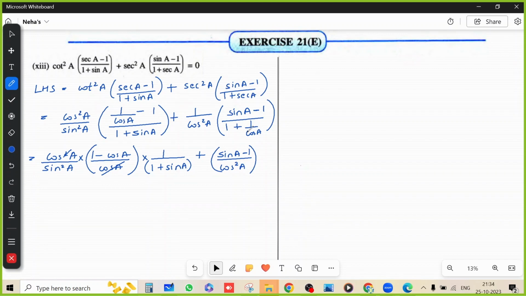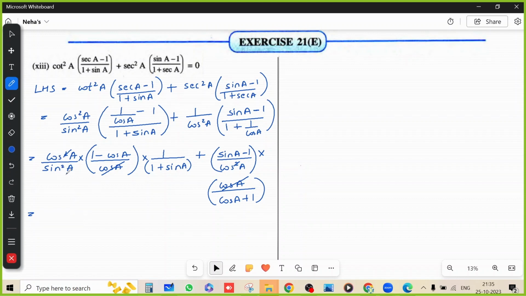So the LCM will be cos A and the numerator will become cos A plus 1. So this will be written as cos A divided by cos A plus 1. Now from this, cos A and this cos A will get cancelled out.